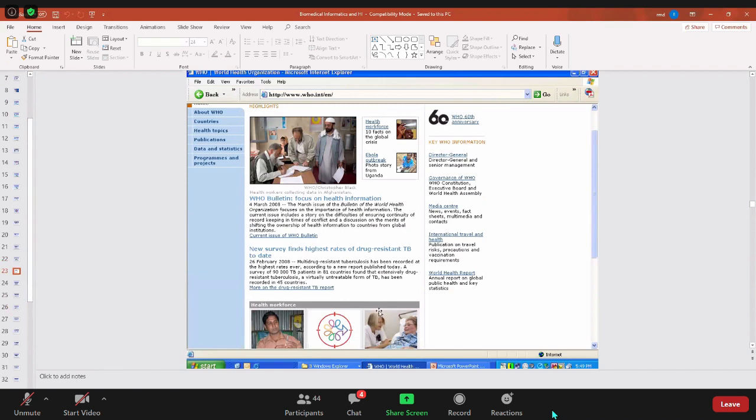At WHO, you can see a lot of bulletins. We get to look at certain things. Sometimes they conduct surveys and all these things. These are part of public health informatics. So they are not just a landing page, meaning a page that portrays external or third-party information.